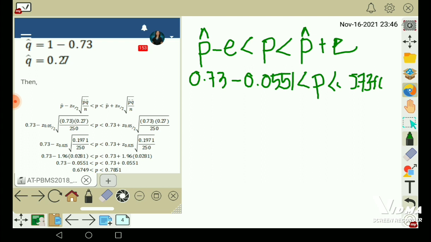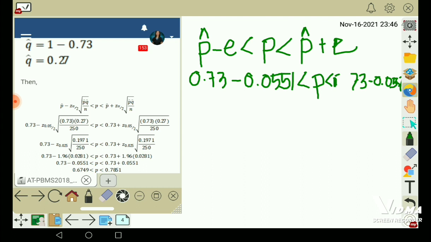Plus 0.0551. Let us correct that one first. Okay, 0.73 minus 0.0551.